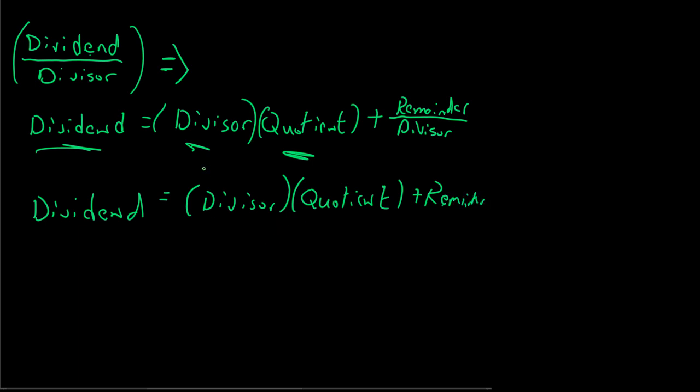And whoops, I need to fix one thing here. And this is what happens when you're trying to, let me erase, I have an extra term here, so I'm going to erase this quotient.